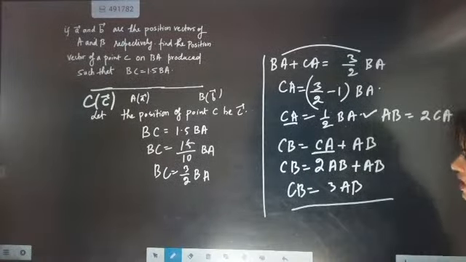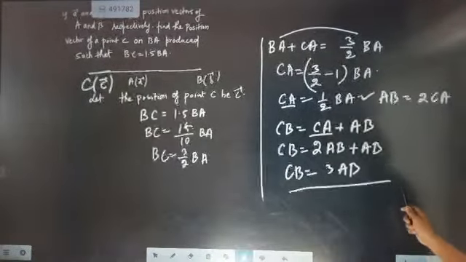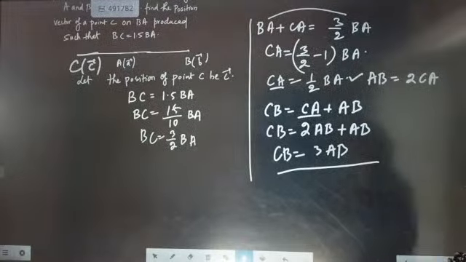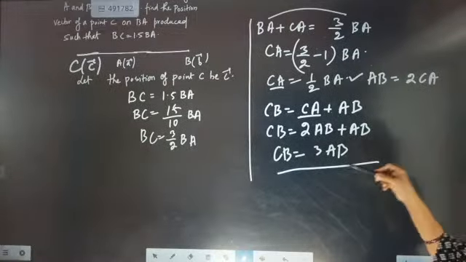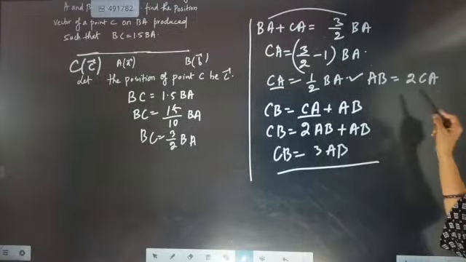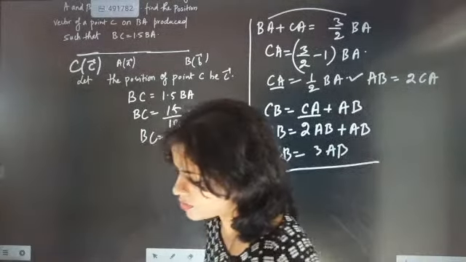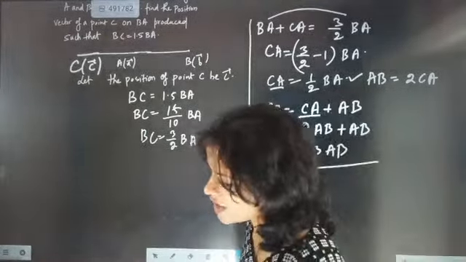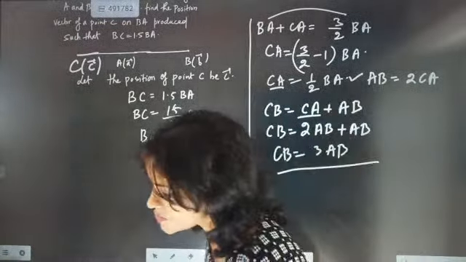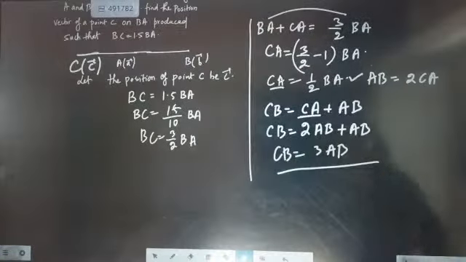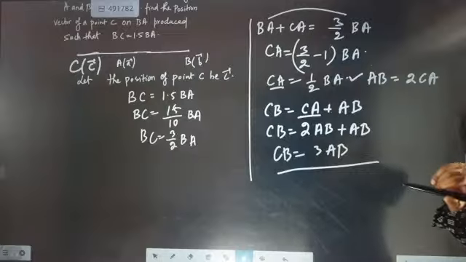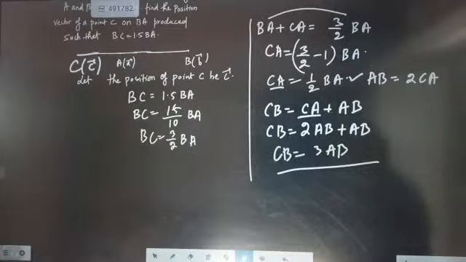Now shall we substitute this section, because the AB part is problematic for me. So I am just going to replace this part. AB is twice CA. Come on, quickly tell me what we have to do.